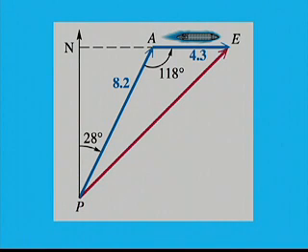Here's a graphic of the ship leaving port. So it's on a bearing of 28, traveling 8.2, and when it gets to that distance, it then turns due east. Now, what I'd like to do is show you how we get that 118 degrees inside of this triangle.